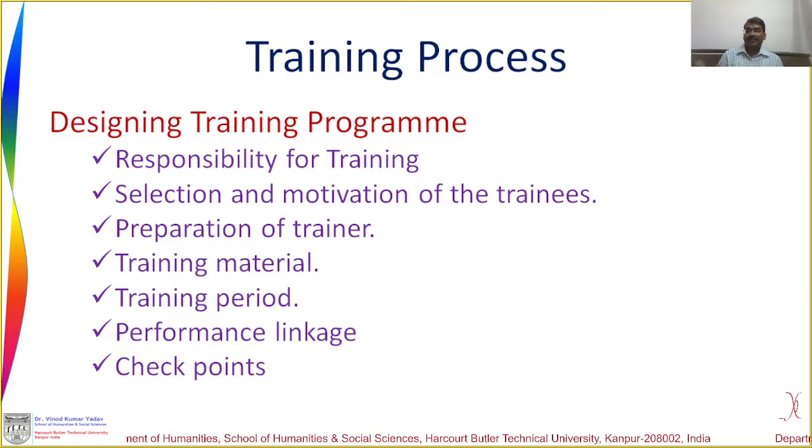Trainees must be mentally prepared. We will discuss this point also in the next coming points. Preparation of trainer, training material.